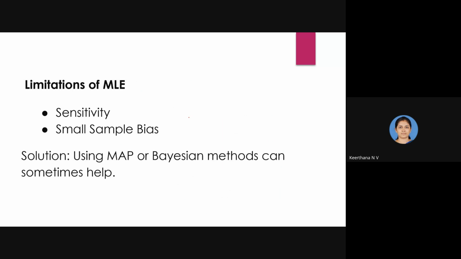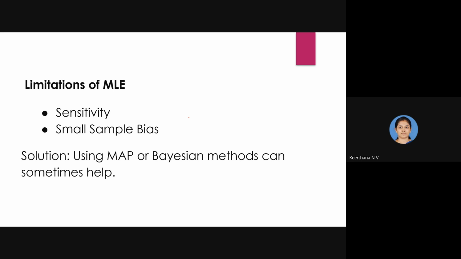So what are the limitations? MLE is very sensitive. It will not be sensitive if you are dealing with a small amount of data. If you are dealing with a large amount of data, this algorithm will be sensitive, and a small sample bias will occur, because the main property of MLE is the bias-variance trade-off. It generally deals with the inclusion of prior distributions.